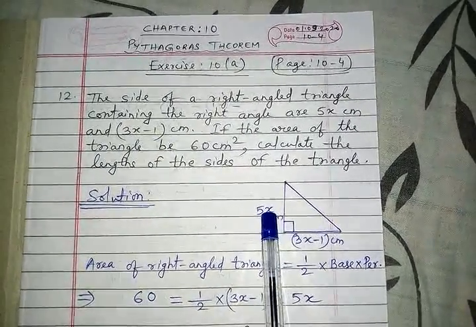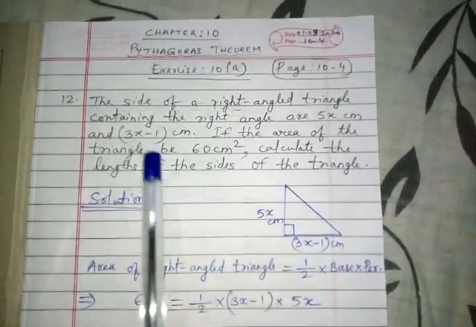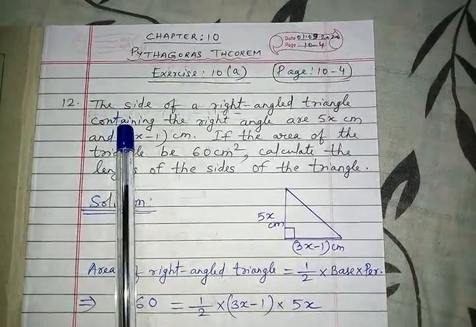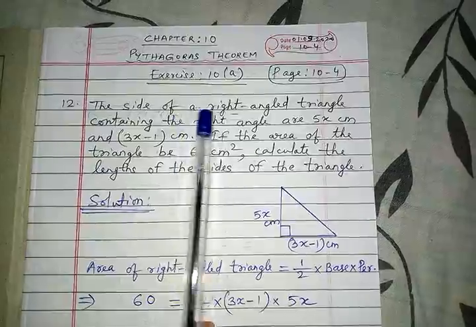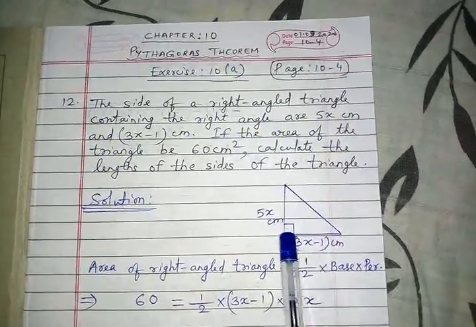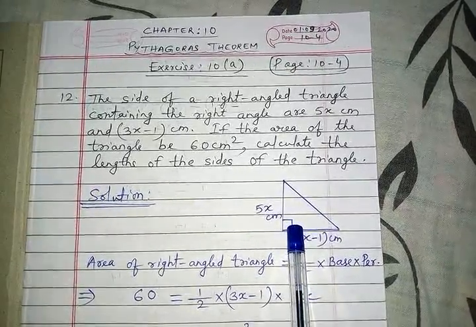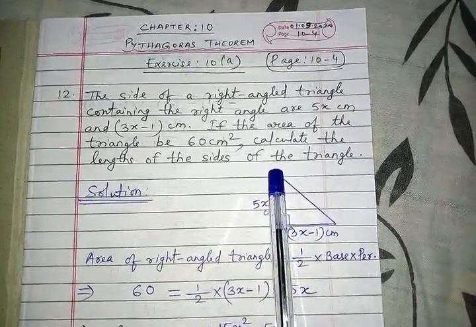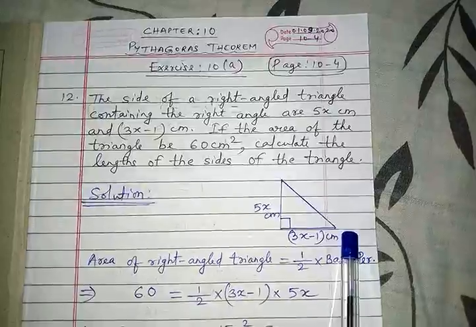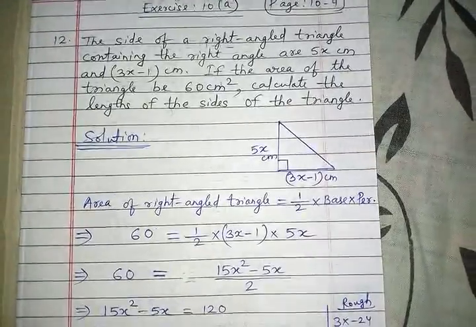That means one is the perpendicular and the other is the base, because according to the question, the sides containing the right angle are these. Respectively it is 5x and 3x minus 1 centimeter.